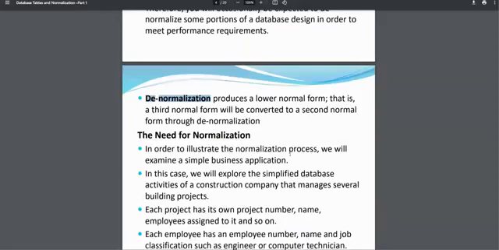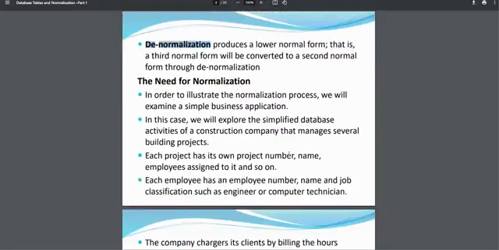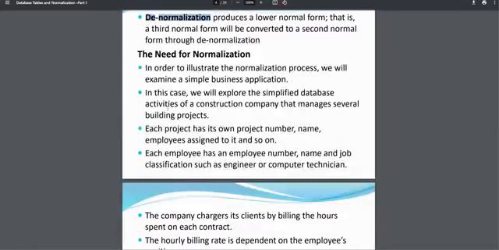In some instances this concept and these actions, denormalization, are used. We mentioned the requirement of performing normalization, right?